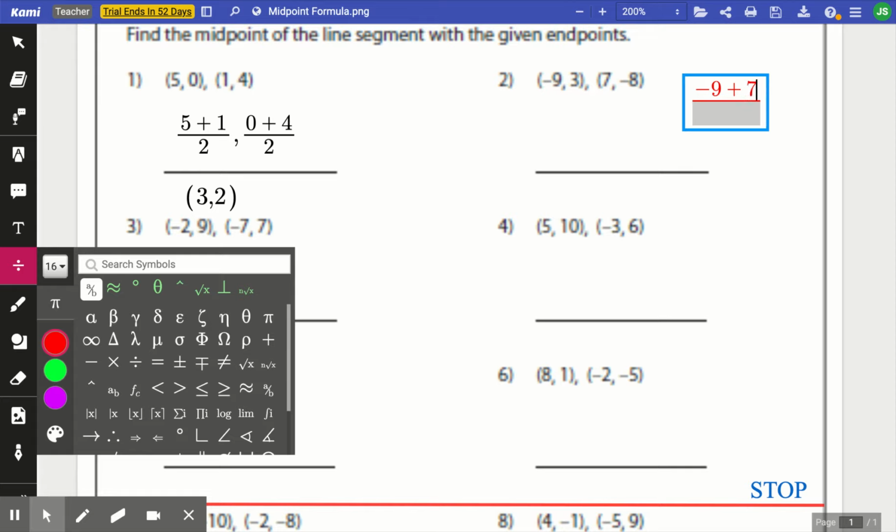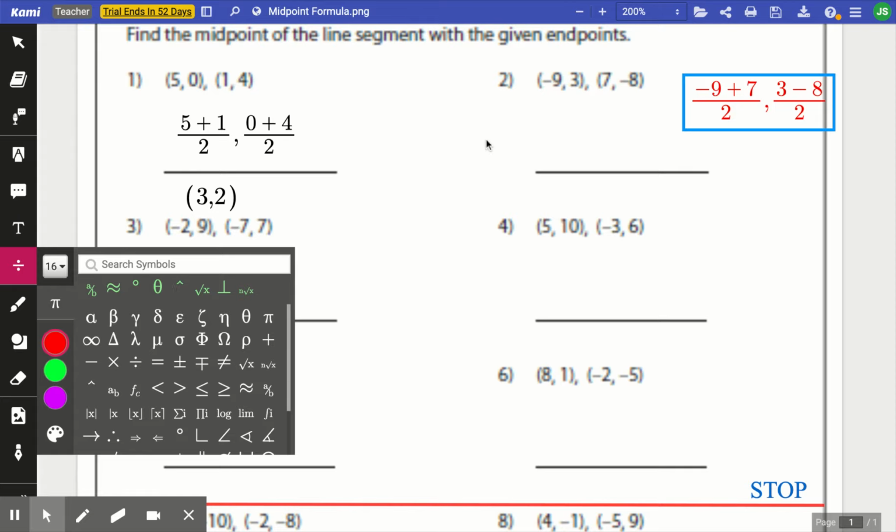Those are my x's, and on the bottom, that's going to be a 2. Use the right arrow to get my fraction bar, and then my y's are 3 plus a -8. So I'm just going to put in -8 there, and that'll be over 2.